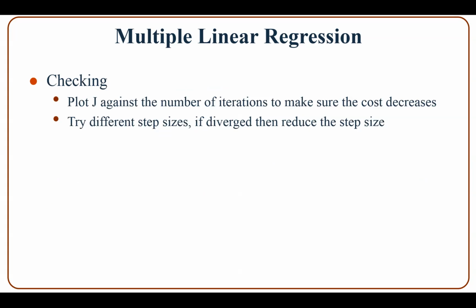So in order to make sure the algorithm is working, we need to do some checking. Normally we plot the cost function against the number of iterations to make sure the cost decreases. And also we try a different step size alpha, and if the algorithm diverges, then reduce the step size.